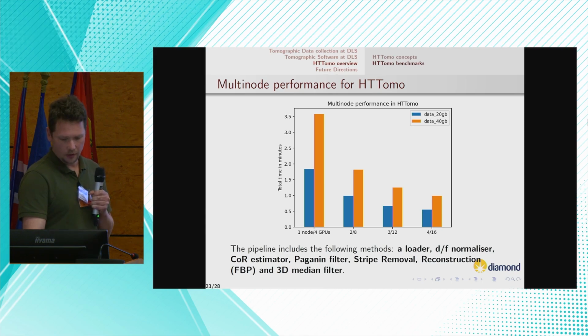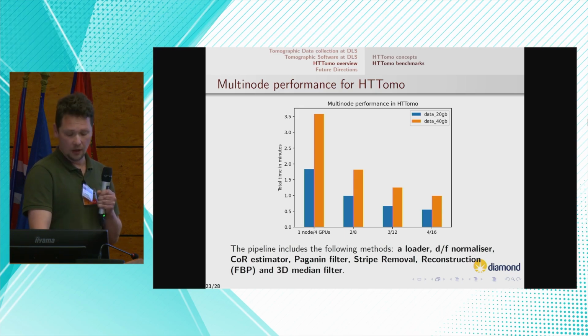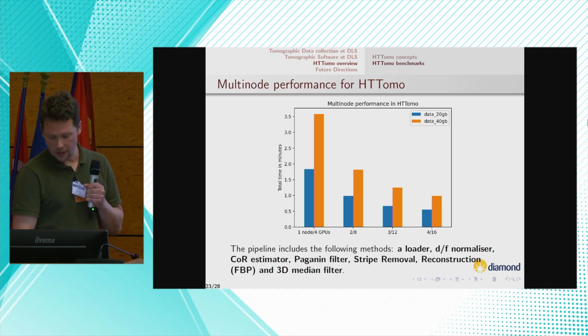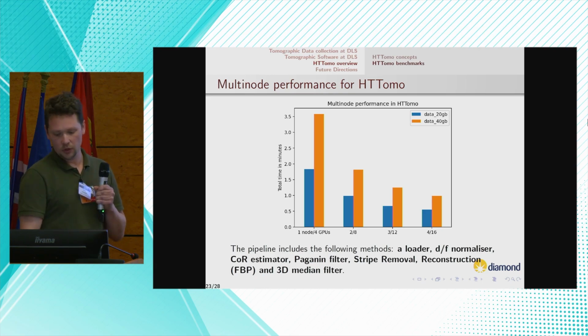So we're talking about a minute and a half for 20 gigabytes of data using one node with four V100 GPUs. And you can reduce that time twice when you go across two nodes, but then the time slows down.